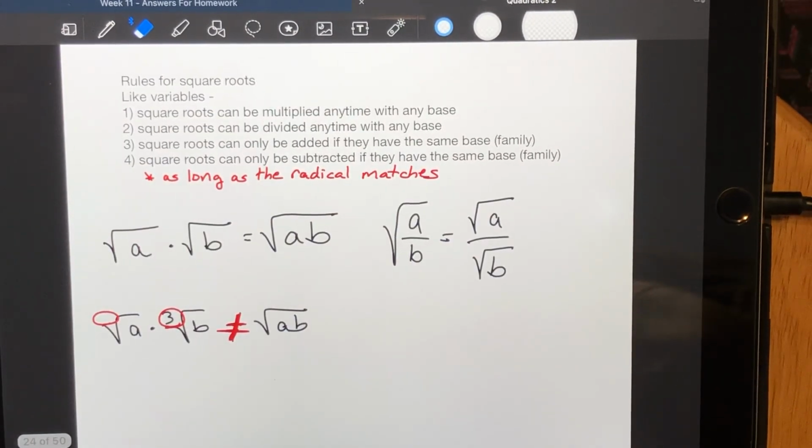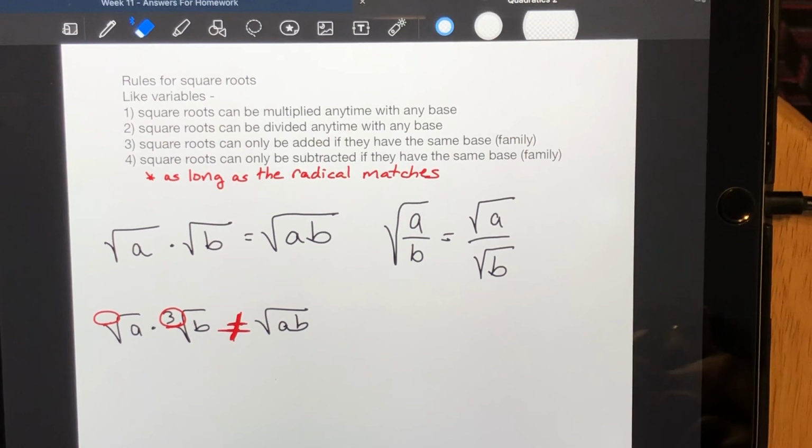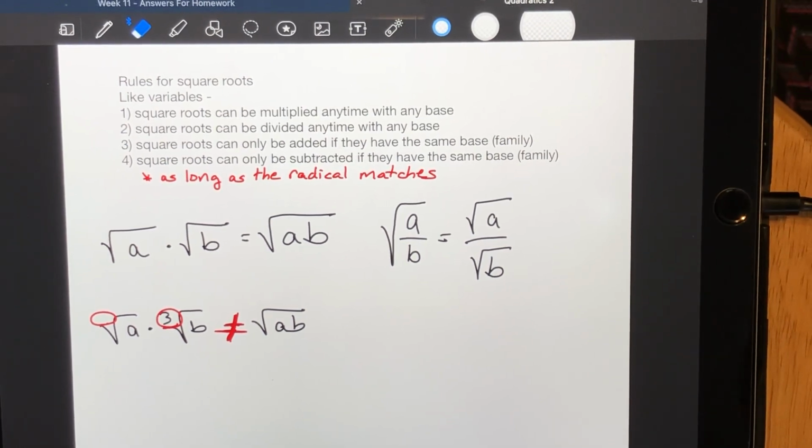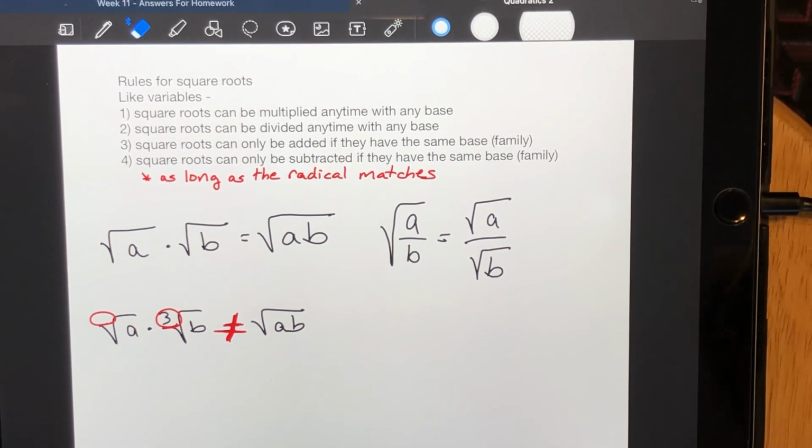Okay. So for square roots, we have rules about square roots in the same way that we have rules for all of our numbers. If I had 3 times 3, I could say 3 times 3 is equal to 9.